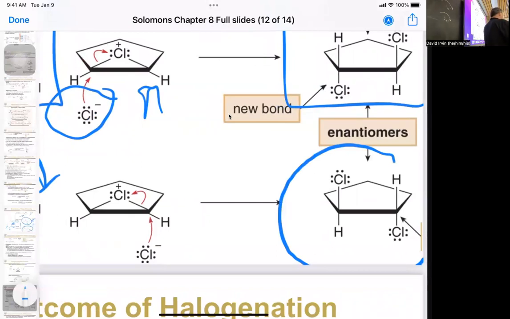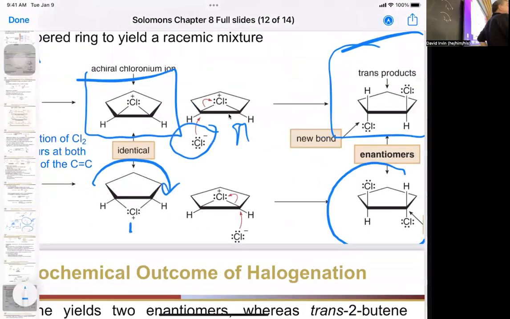But we now have an enantiomer because they're non-superimposable mirror images of each other. So we have anti-addition, but because you can attack from the top or bottom, in fact, you have a 50-50 mixture, a racemic mixture of enantiomers. Questions on that?